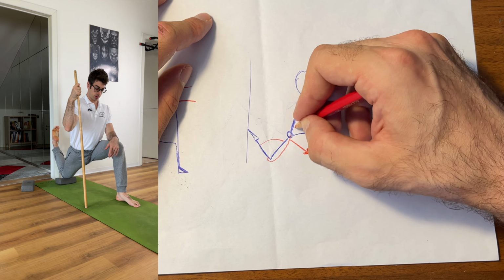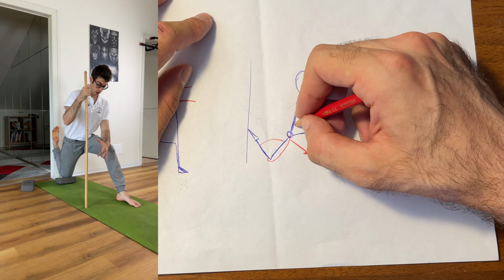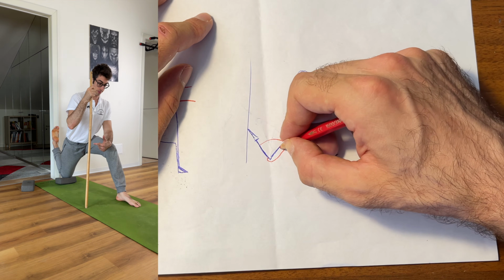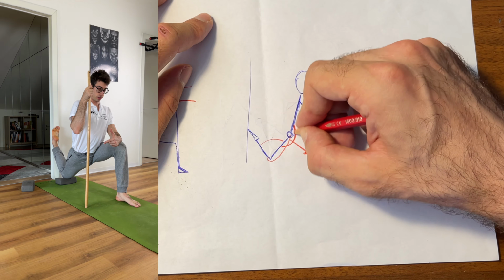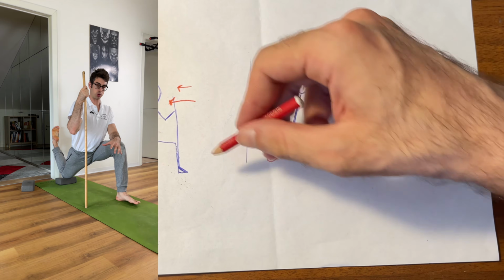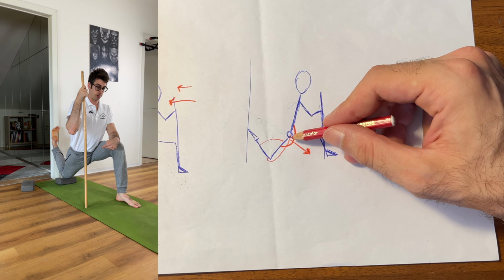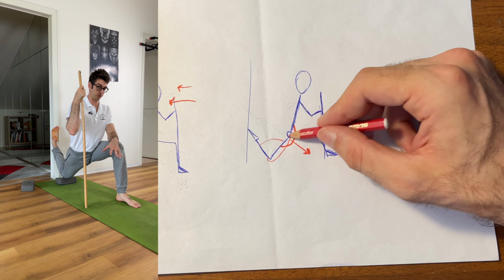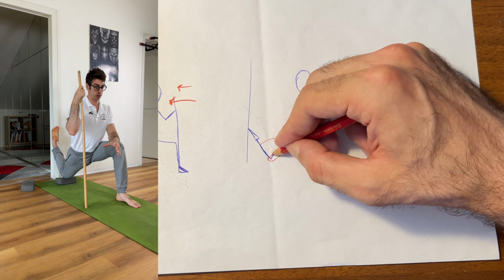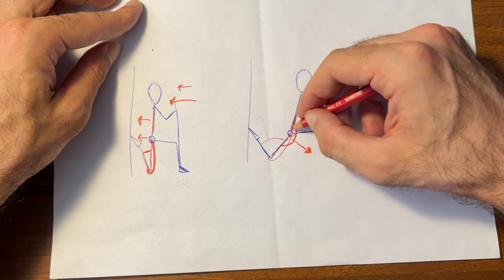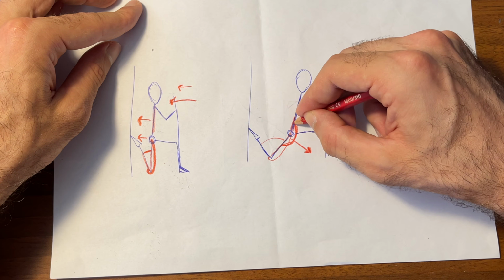But the iliopsoas, which is a muscle that starts from the mid-trunk and goes right under your hips like this, is more involved here because, as you can see, the iliopsoas is stretched when the hip goes into extension, which is this movement here. The more it goes, the more you can stretch your iliopsoas, which is this muscle over here.